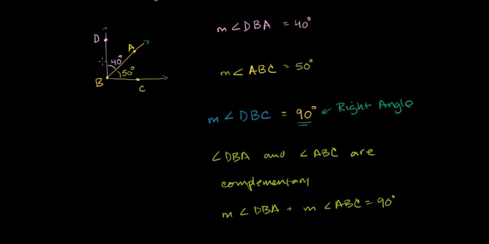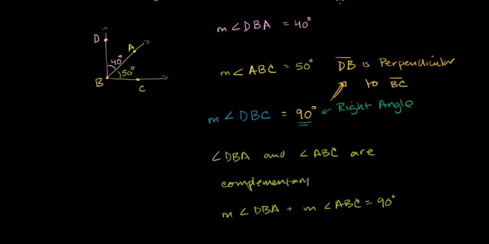And just as another point of terminology that's related to right angles, when a right angle is formed, the two rays, or the two lines, or the two line segments that form that right angle are called perpendicular. So because we know that the measure of angle DBC is 90 degrees, or that angle DBC is a right angle, this tells us that line segment DB is perpendicular to line segment BC.